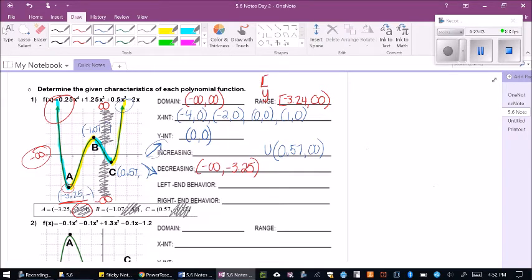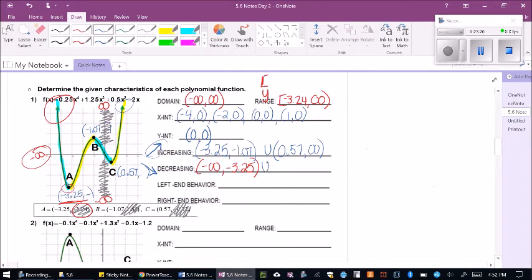Then A to B, I've already accounted for that, from negative 3.25 to negative 1.07. That was in the increasing piece, so I'm skipping that. And I'm going to put a union there.